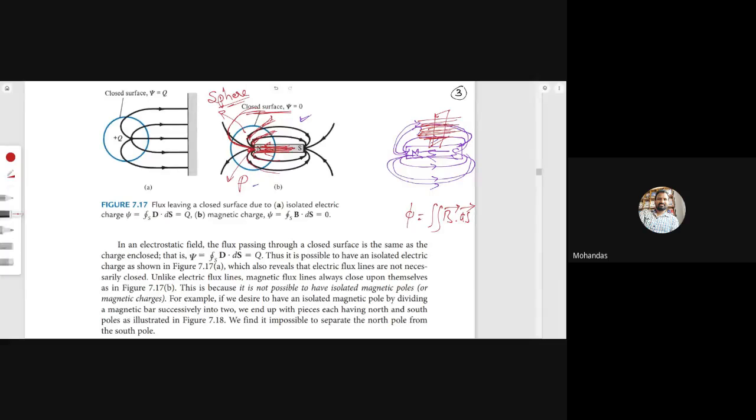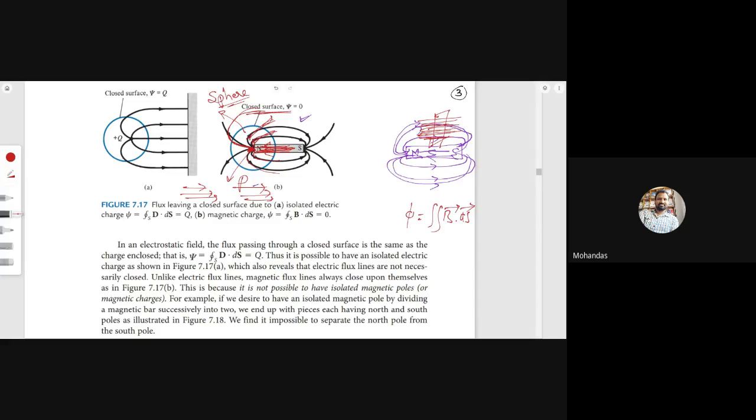Whatever the number of magnetic flux lines entering from south to north at this point, the same number of flux lines are leaving.